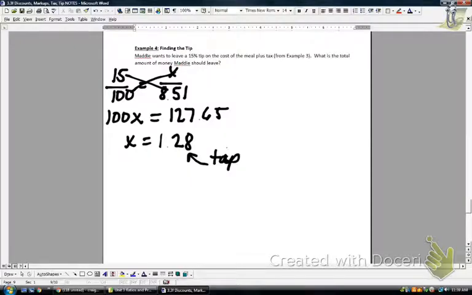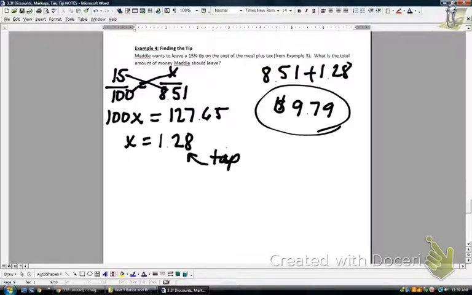So then her total cost of the meal is $8.51 plus $1.28, and that comes out to be $9.79. So $9.79 is what Maddie's going to leave, and that's her meal, her tax, and her tip.